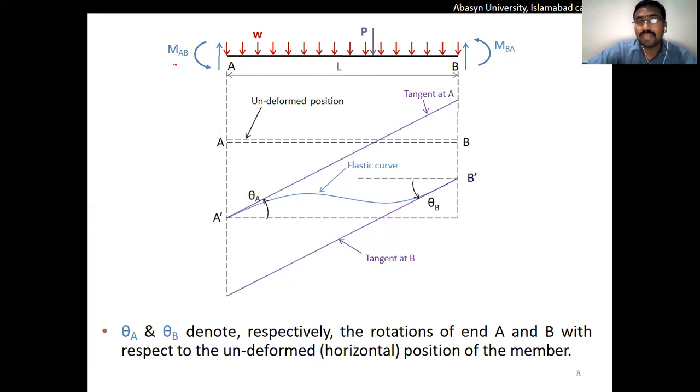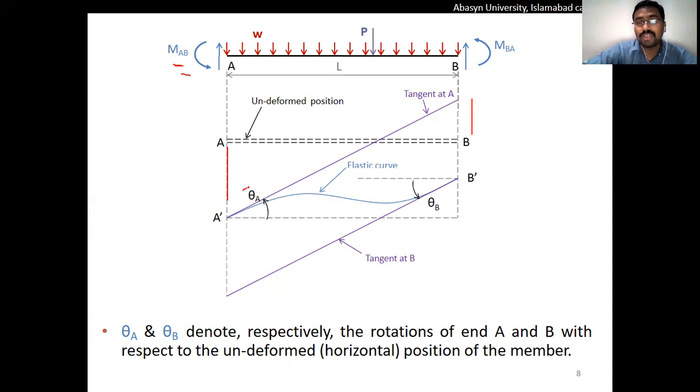Considering only MAB, when the member is in its undeformed situation and the moment MAB is generated in the member due to loading at point A, it will cause the member to bend down at point A, and it will move up at point B in order to keep the structure in equilibrium.